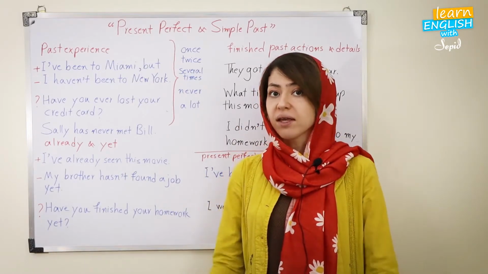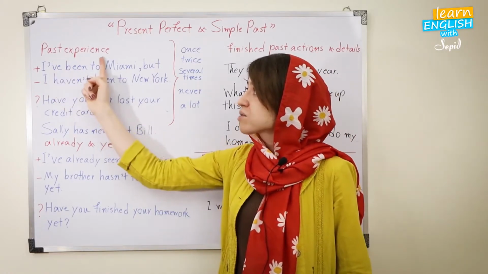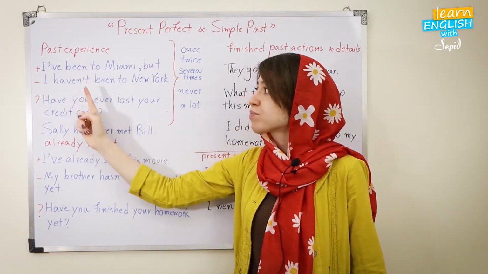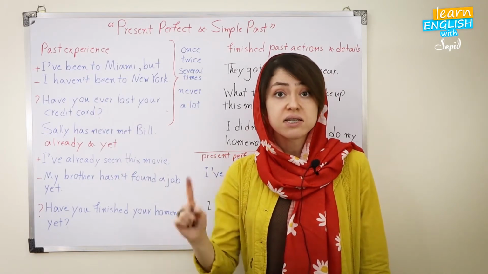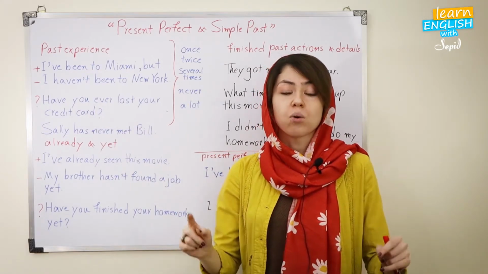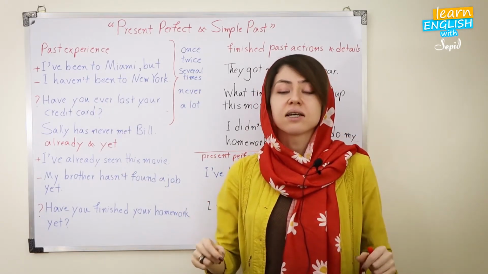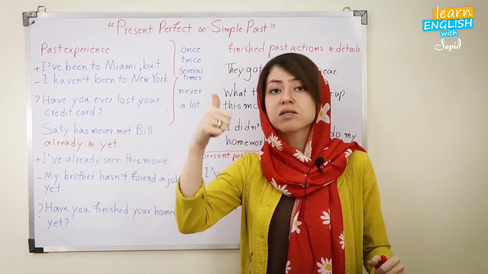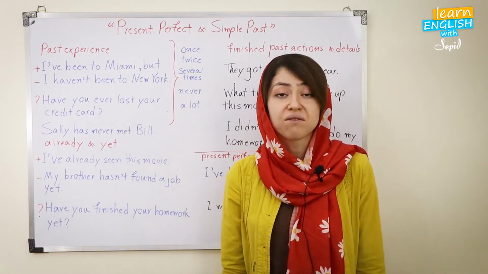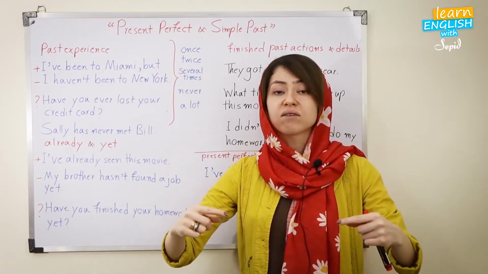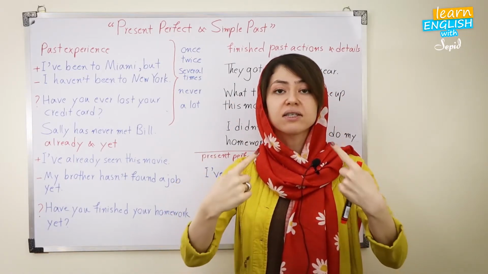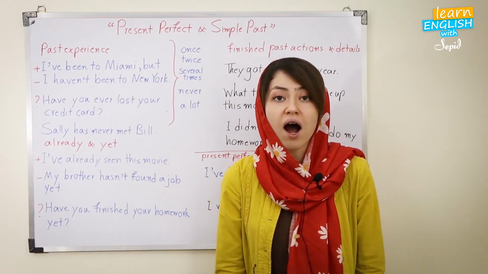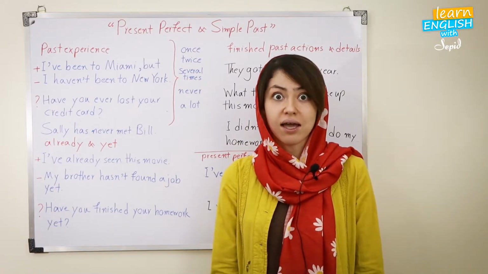Okay? So this is past experience, but why do we use present perfect tense? This is the question, okay? So the point is that the experience belongs to the past. However, the memories that we remember and we are going to talk about now are important, okay?